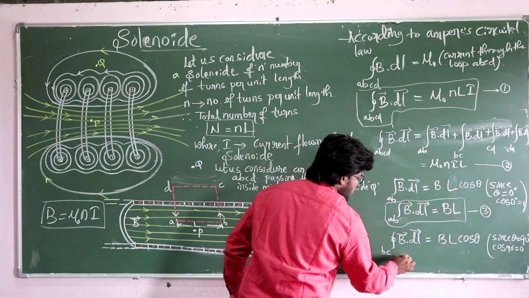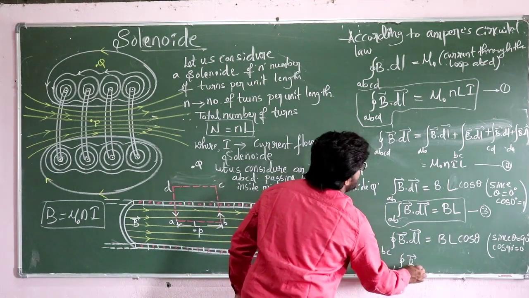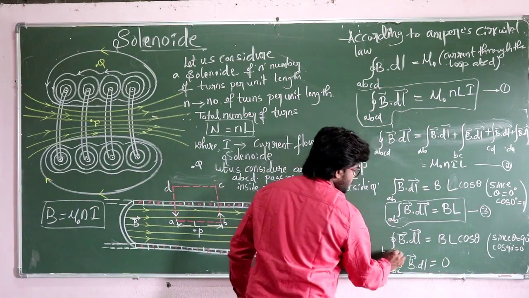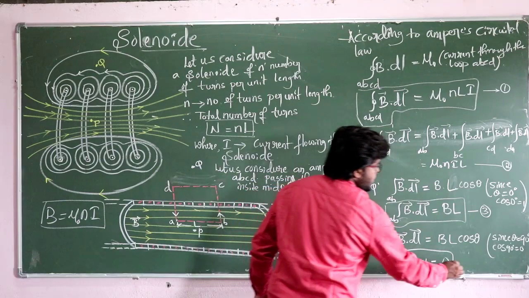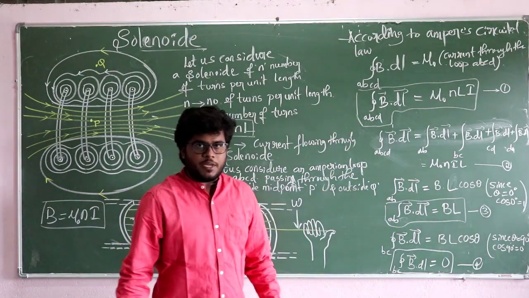So 0 into anything is 0. Hence integration of BC into BDL is 0. This is equation number 4. Understood?